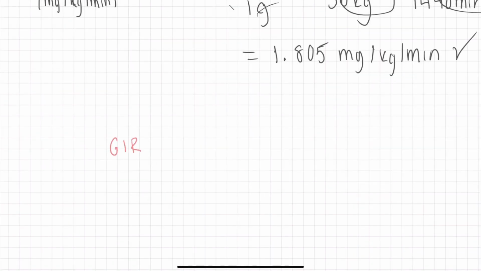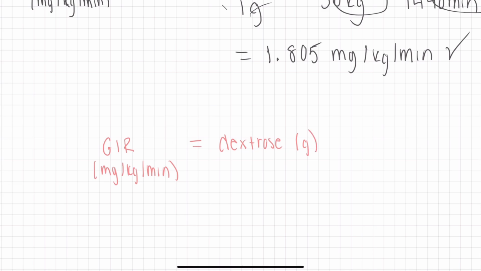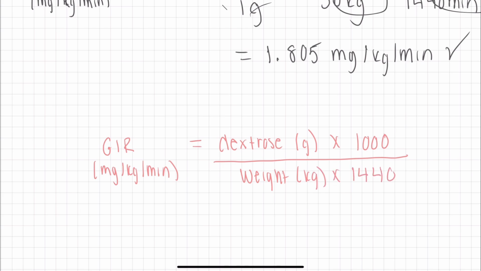To get your glucose infusion rate in milligrams per kilogram per minute, all you're doing is taking your dextrose in grams, multiplying that by 1,000 to get it into milligrams, and then dividing by your patient's weight in kilograms and by 1,440 minutes. And that will give you your glucose infusion rate in milligrams per kilogram per minute. So really easy formula.